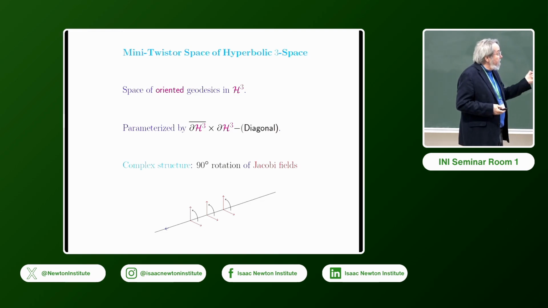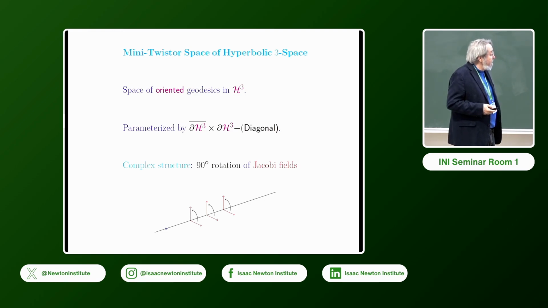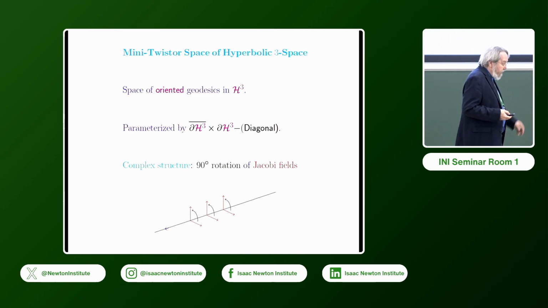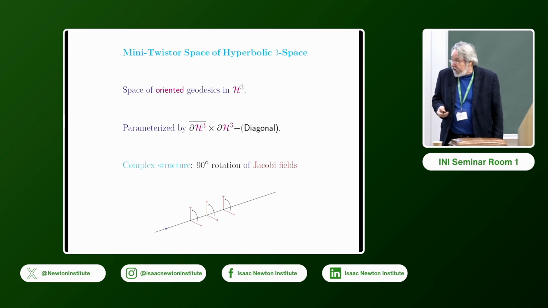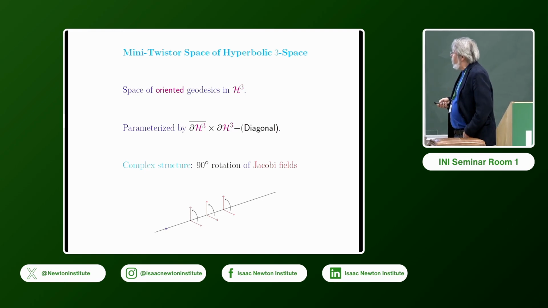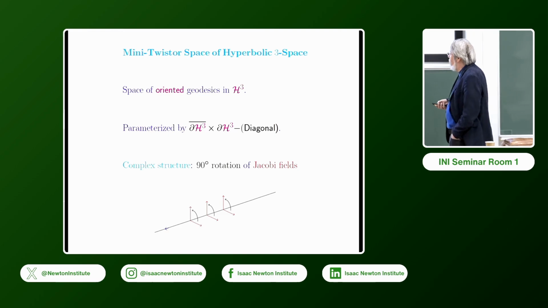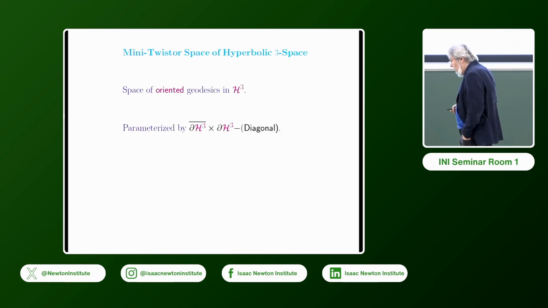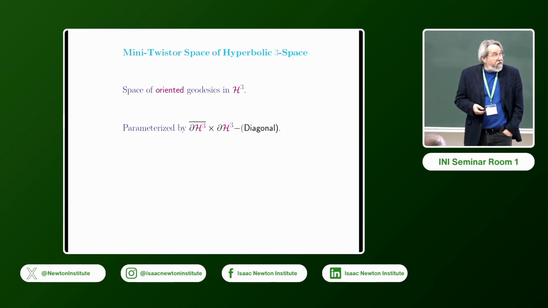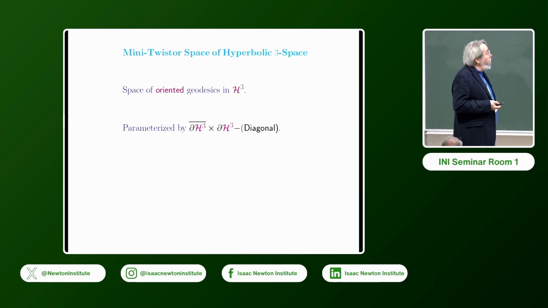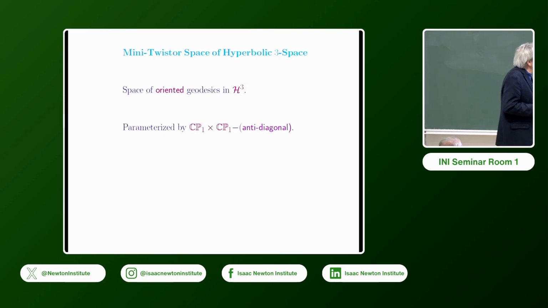Given a connecting vector field that points from one geodesic to another, you can rotate it by 90 degrees relative to the orientation. And because the curvature is constant, that takes a Jacobi field to a Jacobi field. You could worry that this is not an integrable almost complex structure, but it is in fact integrable.